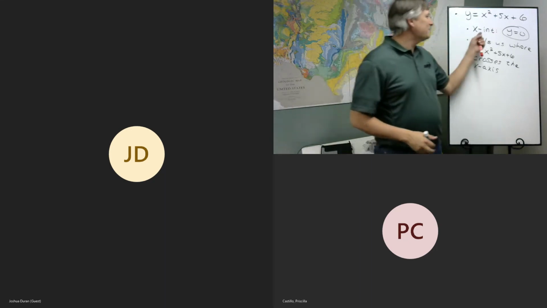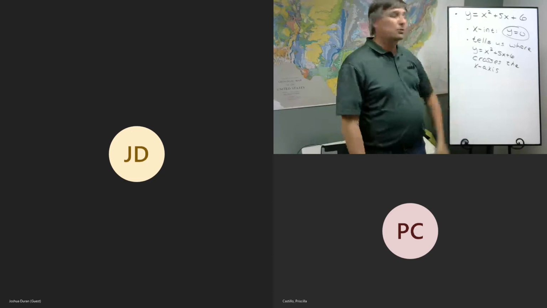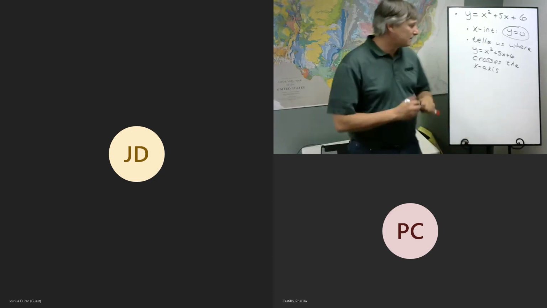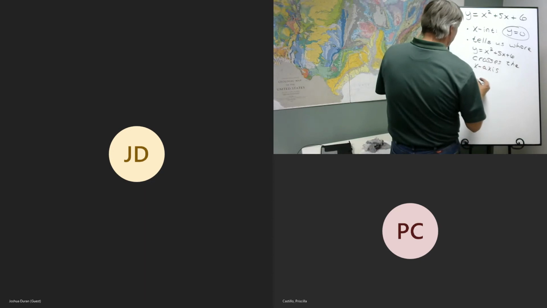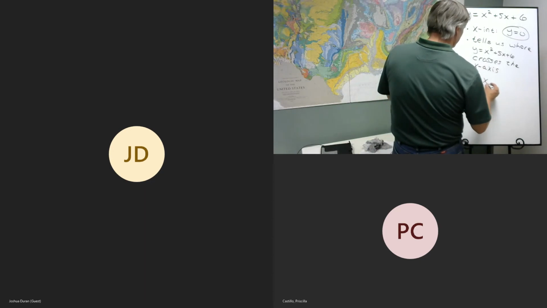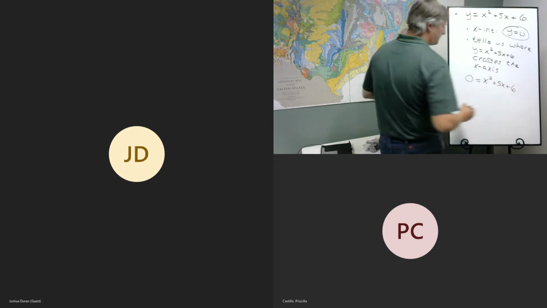So by finding the x-intercept and letting y be 0, we're going to find where this would cross the x-axis. So we make our substitution. 0 equals x squared plus 5x plus 6.